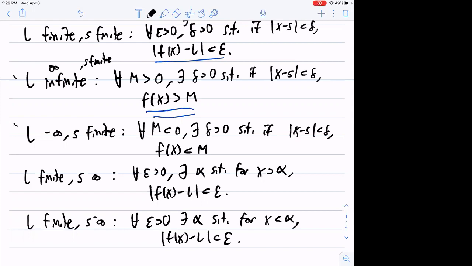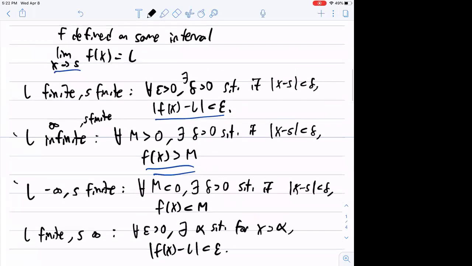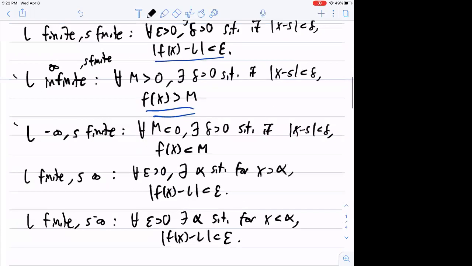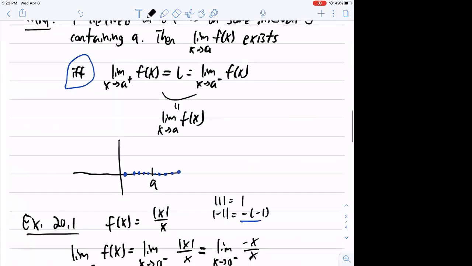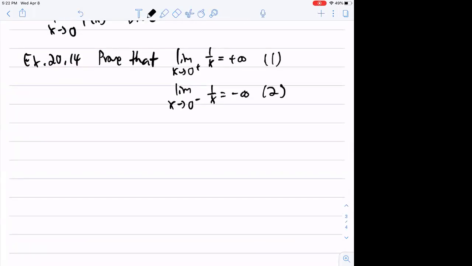So we have to use this definition. But sadly, it's almost that, but it's from the right. So it wouldn't be the absolute value of x minus S less than delta. It would just be one side of it. So we have L is infinity. Let's do 1 first, and then do 2.